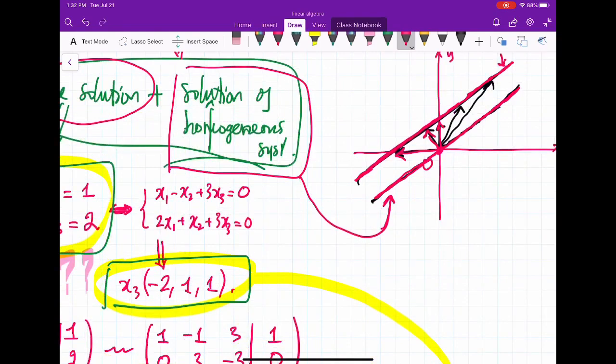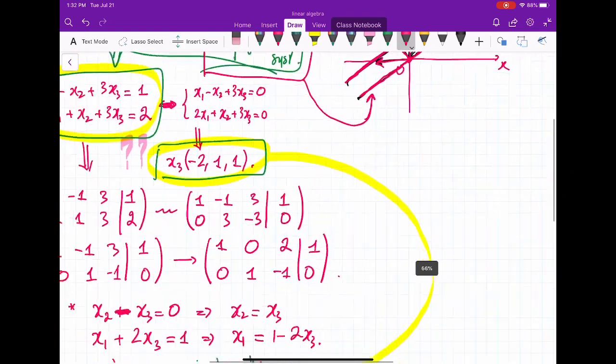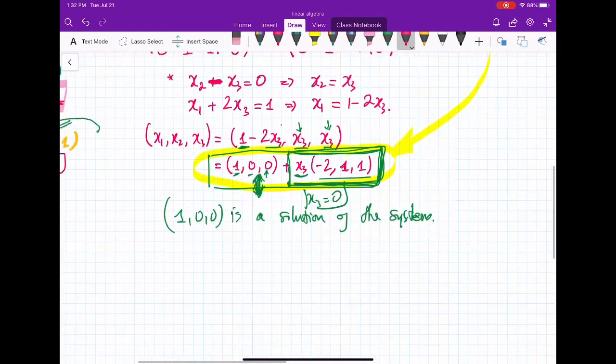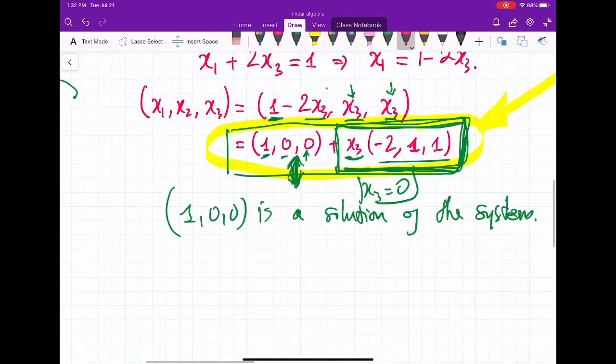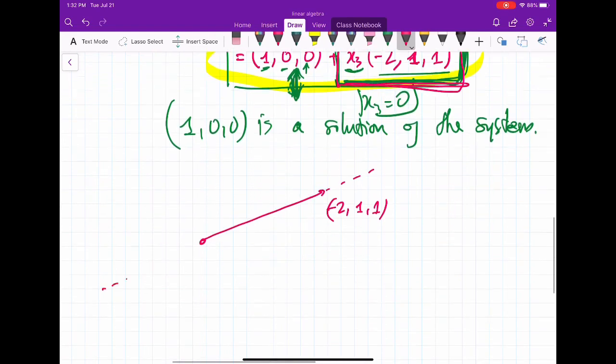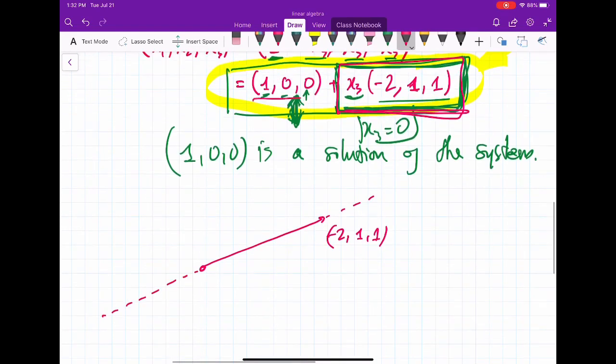If you move to three-dimensional space, this is almost the same. We just saw that right here. You have some vector, and that is not only a vector, that is the whole straight line. Let's say this is (-2, 1, 1). This vector determines some straight line, and then you have the particular solution (1, 0, 0). So what is (1, 0, 0)?